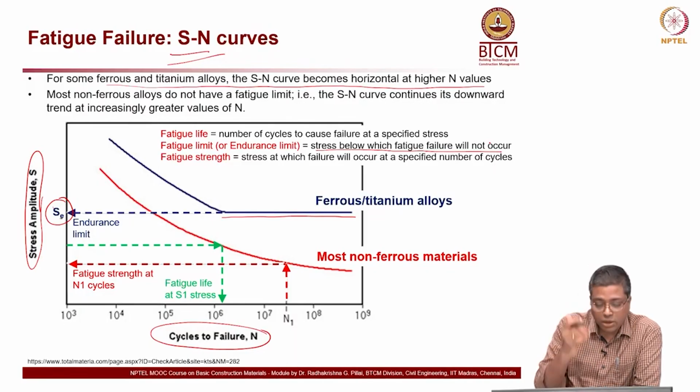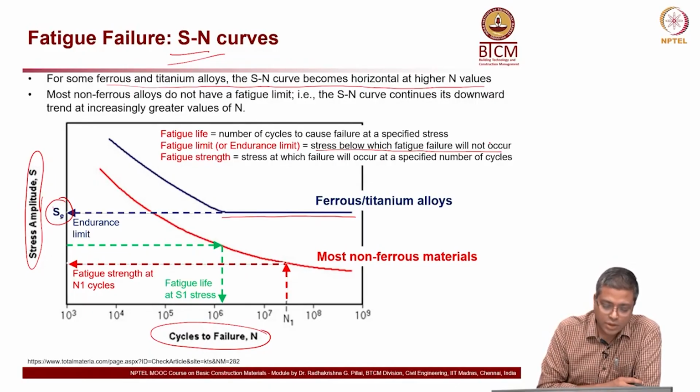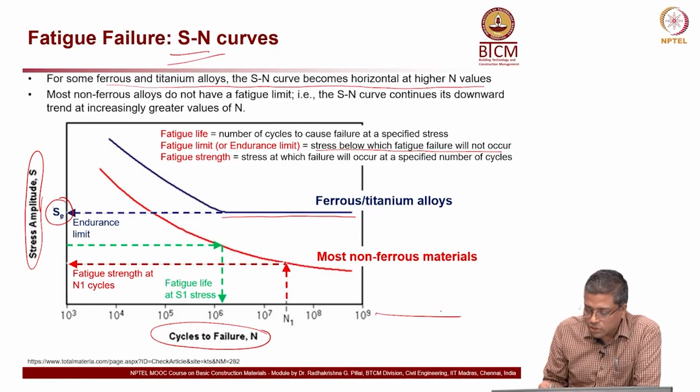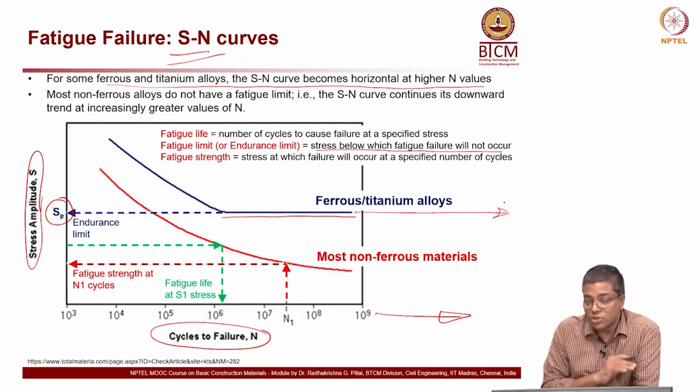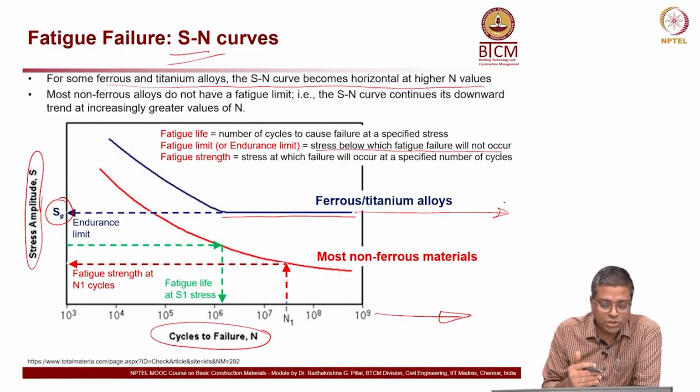So, it is a good thing, because if the stress level acting on the material is going to be less than SE for that material, then you do not have to worry about fatigue failure, because no matter how many cycles you have, it is still going to be flat. This curve is going to go like this. So, there is no fatigue failure if the applied stress is below the endurance limit. Okay. That is one thing.